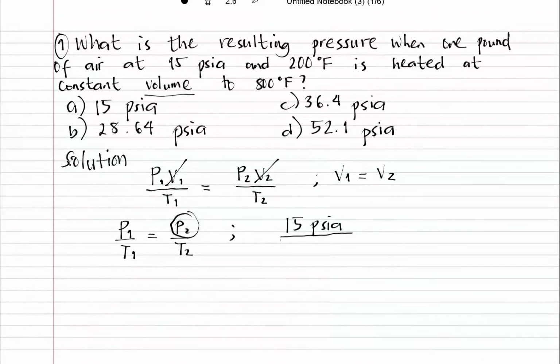Nandyan is 200 degrees Fahrenheit. Para maging absolute, lagyan natin ng 460 para maging Rankine. Equals to the pressure at point 2 over the temperature at point 2 na naka-absolute, so 800 degrees Fahrenheit plus 460.